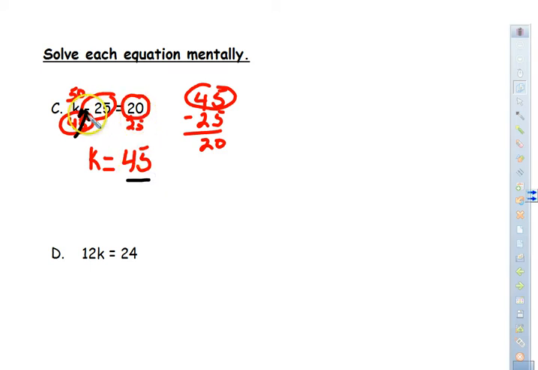So since this says subtract, we're going to add those two numbers together, 25 and 20, and you're going to get 45. That's my answer. Okay, so now let's look at this problem.